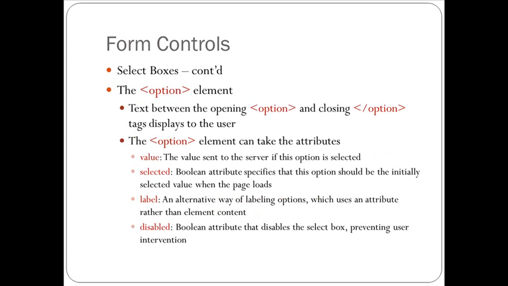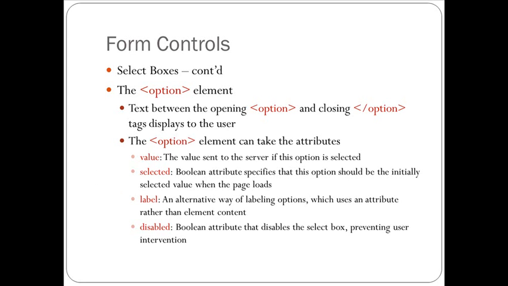The option element, again, between the opening and closing tags is what's actually going to display. The opening option element itself has several attributes you can use. One would be the value, which you definitely want to put in there, so what's going to be sent to the server for processing. Selected, as you just saw, pre-selects a specific one.